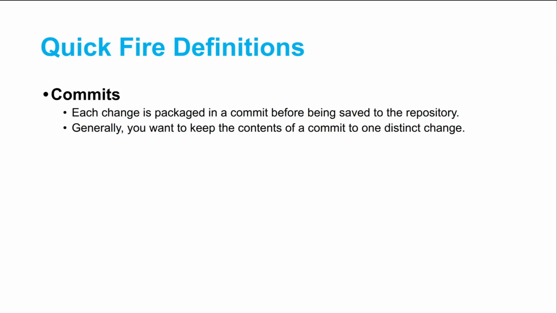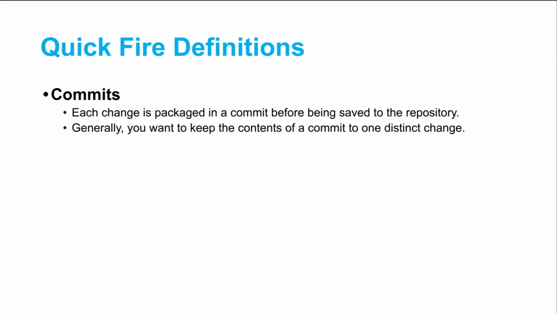So commits. Every change that you're making is packaged into a commit before being saved. It's going to be a whole bunch of changes, or just one. But usually you want to keep this to like one distinct note. So if you're adding, let's say, a new page to a website, a commit would only contain everything that's required for adding that one page.